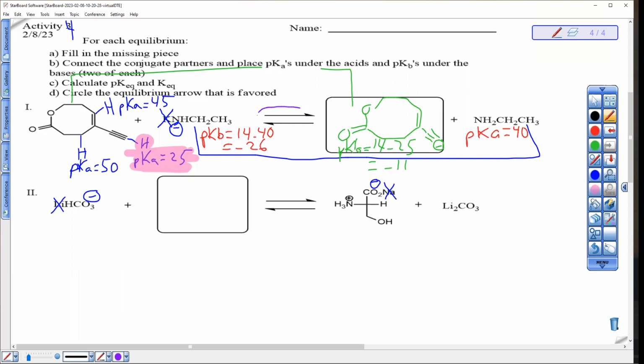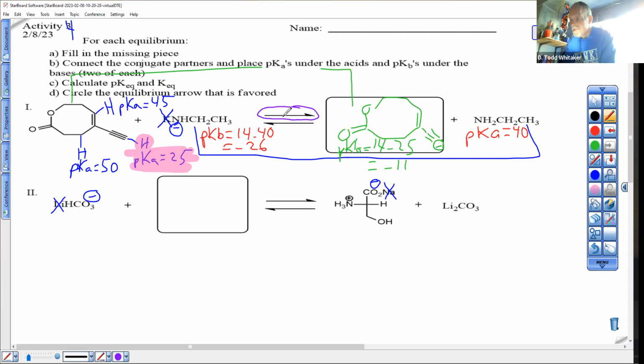Wait, lower pKa means more reactive. Equilibrium always goes away from the more reactive acid towards the less reactive acid. I think we still have a question though. Nope. Okay. So 25 of these three is the one that reacts first.